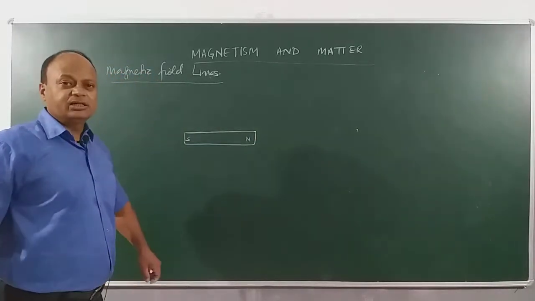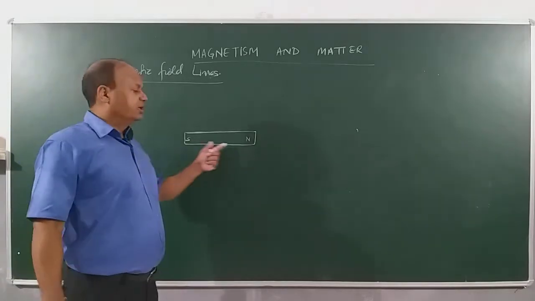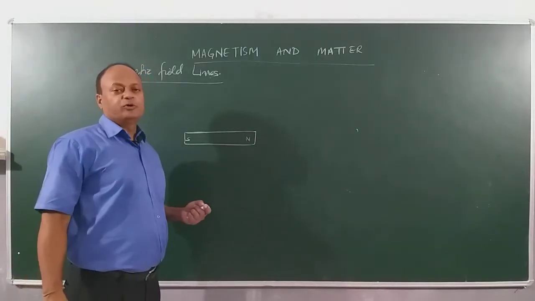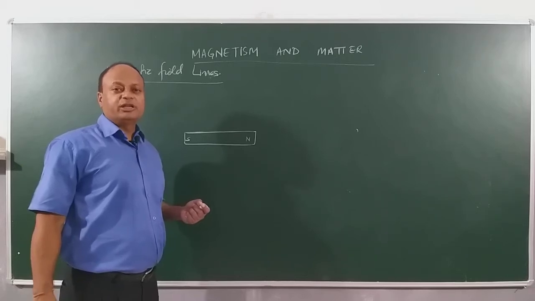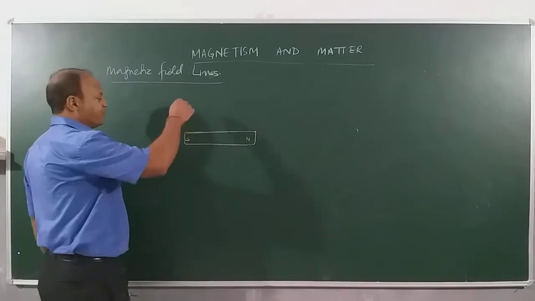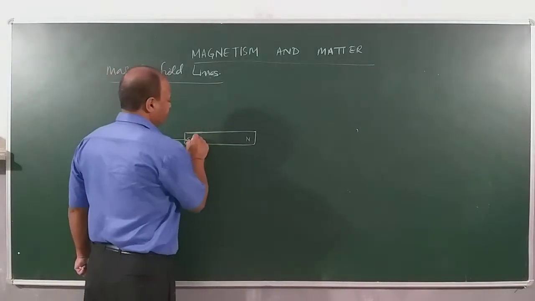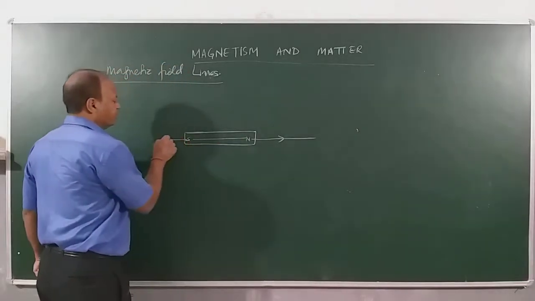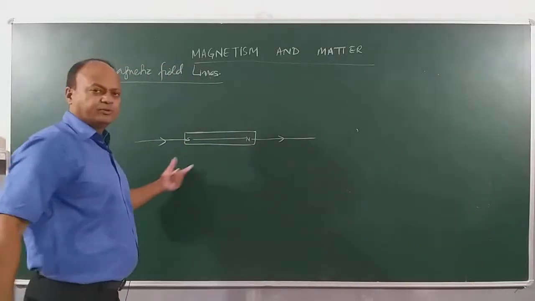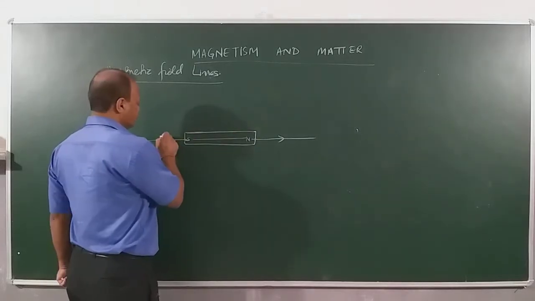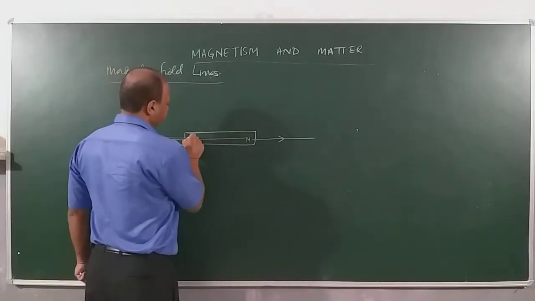We have already done the direction of magnetic field: it is away from the north pole into the south pole, right? And in case of a bar magnet here, magnetic field lines are travelling from north pole into the south pole, right? At the center they are straight lines and more crowded.